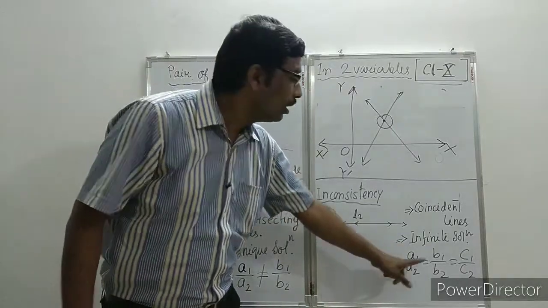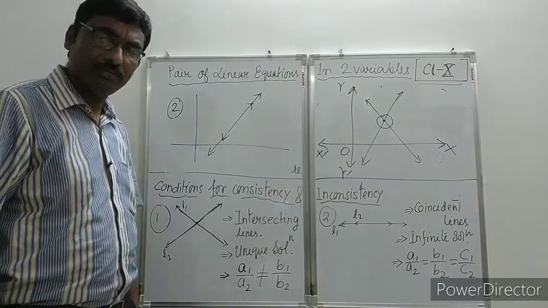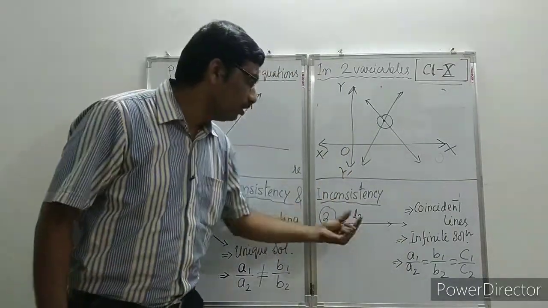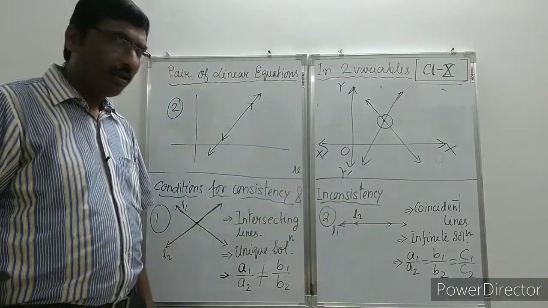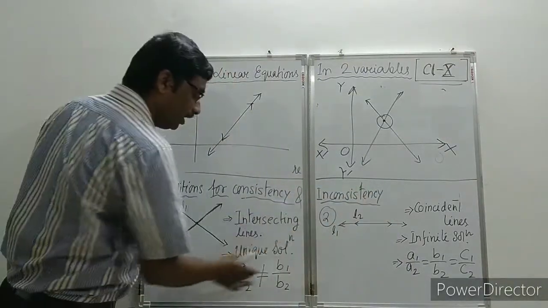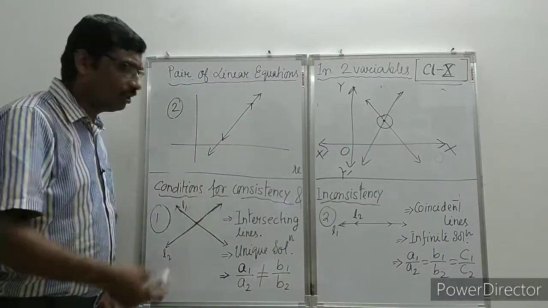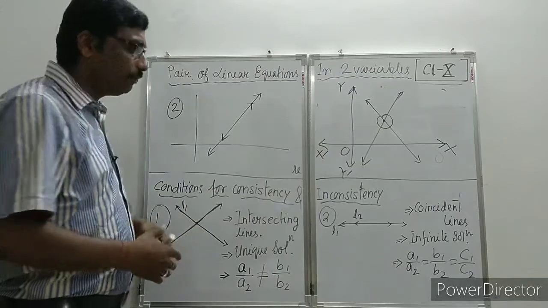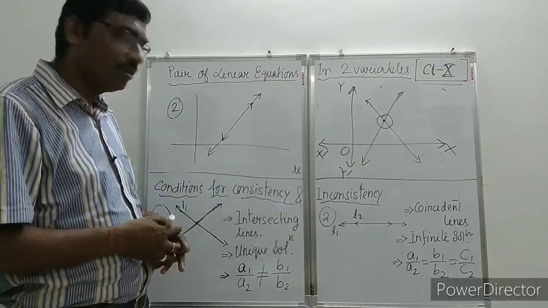A1 by A2 equal to B1 by B2 equal to C1 by C2. This is the condition for infinite solutions or coincident lines. And both these two conditions have a solution, either one or infinite. So that's why these two systems of equations are called consistent equations.